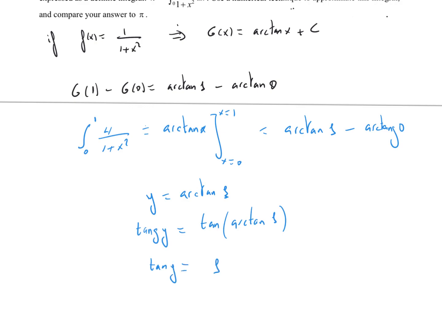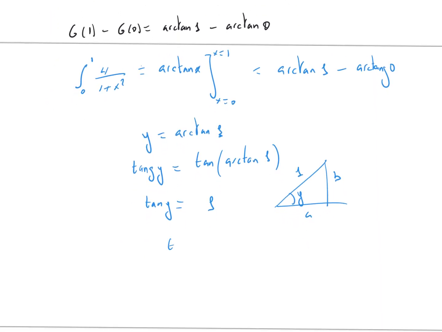Now I wonder, who is the angle y whose tangent is 1? Tangent of y is opposite divided by adjacent, and tangent of y is 1.